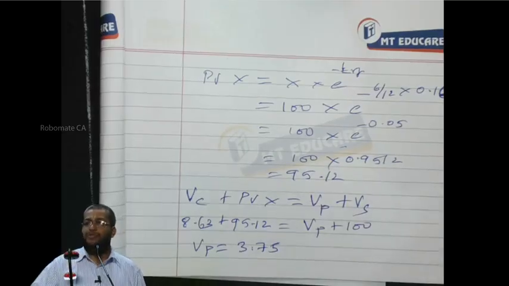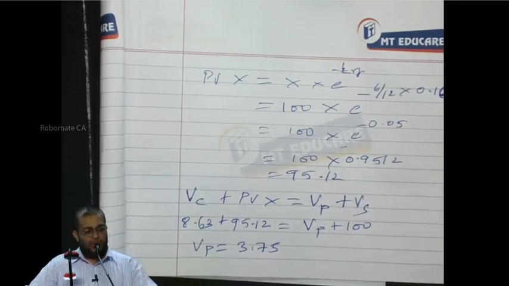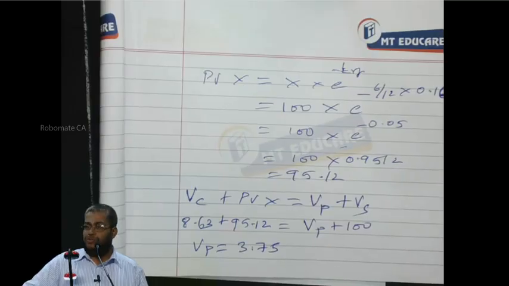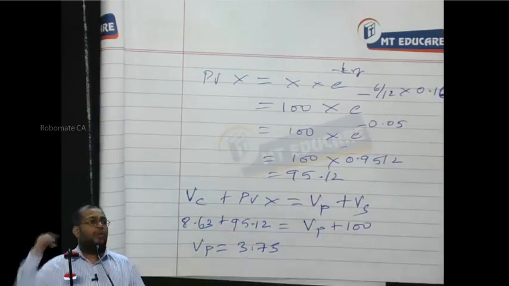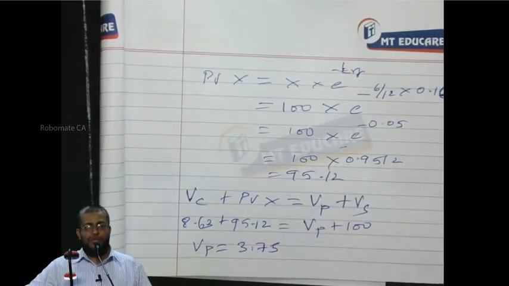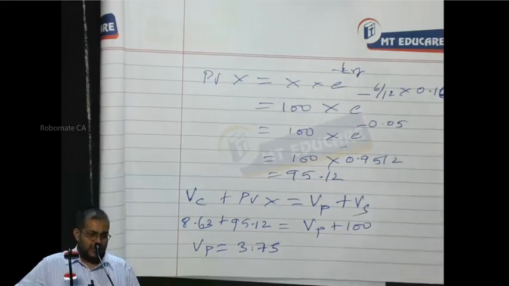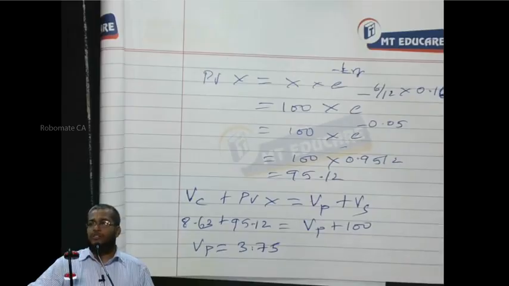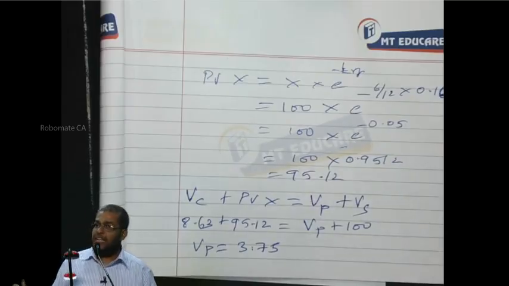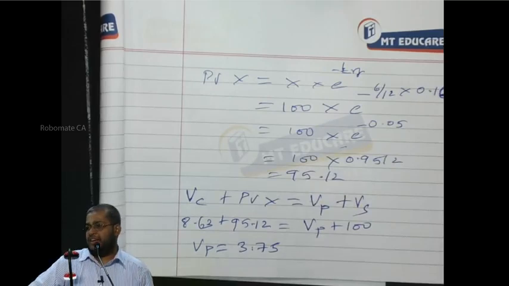Risk-free rate can be used to discount only those cash flows that have what? Zero standard deviation. Risk-free rate can be used to discount only those cash flows that have zero standard deviation.